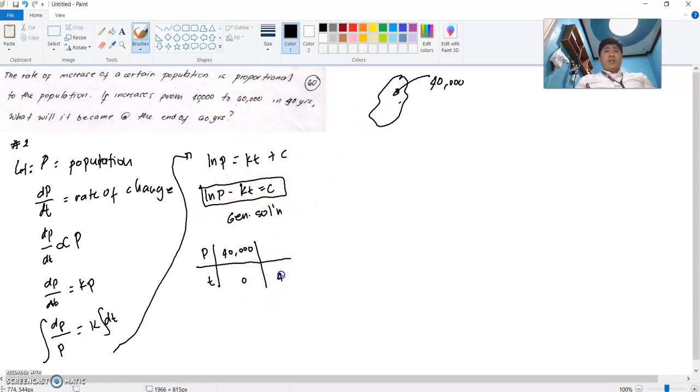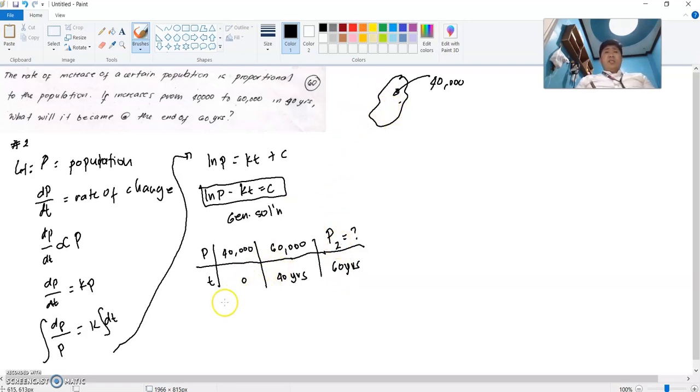After 40 years, it becomes 60,000, right? Then what will it become at the end of 60 years? Let's say this is P0, P1, and this is P sub 2. What will the population be at 60 years?